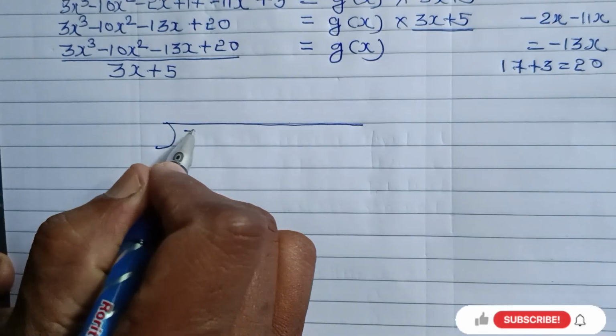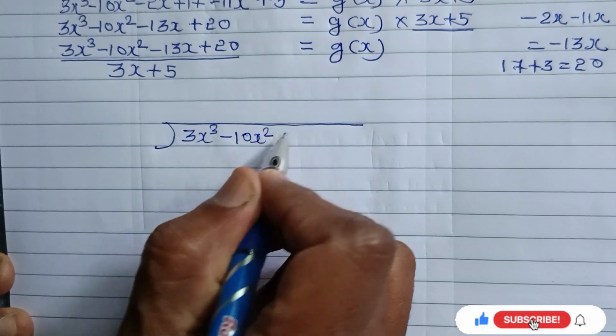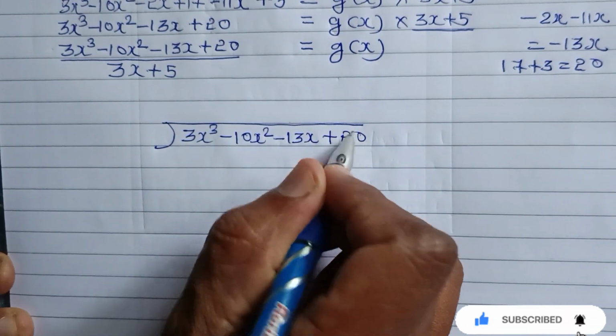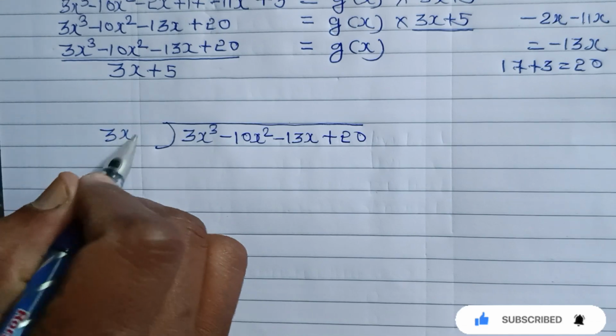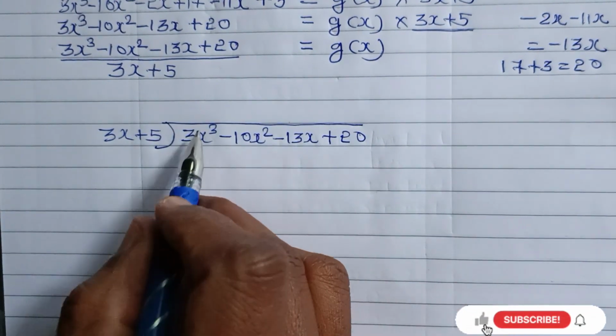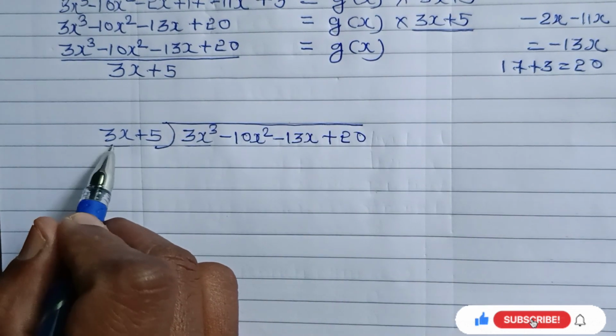So here the dividend is 3x cube minus 10x square minus 13x plus 20, and the divisor is 3x plus 5. What is the first step you have to do? You have to take the leading term of the dividend and the leading term of the divisor, and divide both these terms.